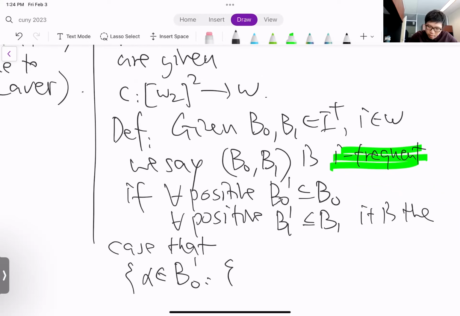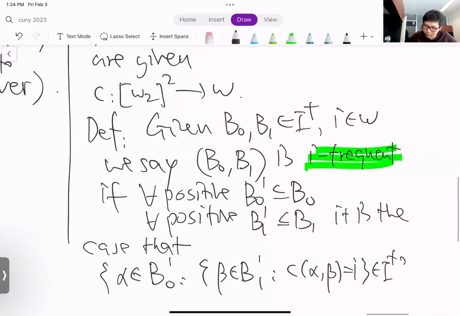So what I mean is the following: the set of alpha, beta with B1 prime such that C of alpha beta equals I is positive, and the outside set is also positive.